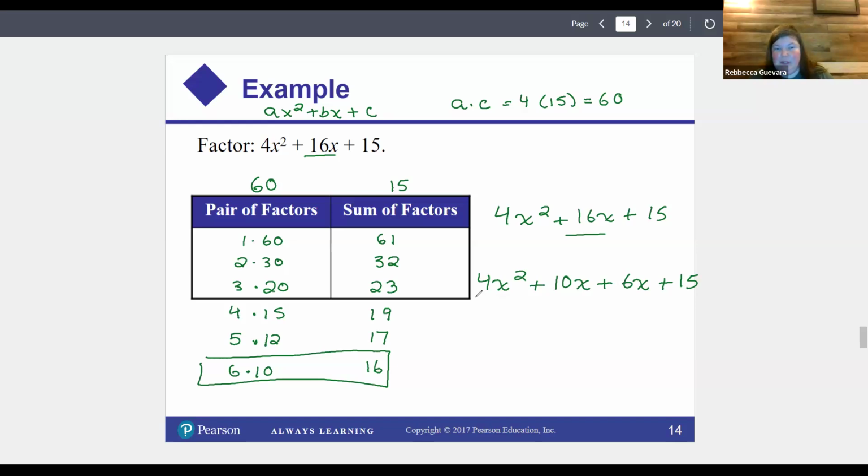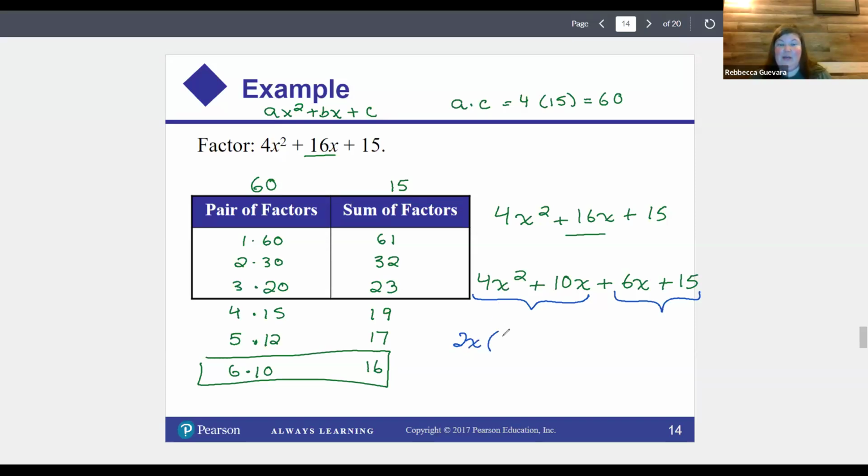Then, like I said, we're going to do this factor by grouping. What that means is if we have 4 terms like this, or an even number of terms, we pair them up. So we're going to put these two together, and then we're going to factor out the greatest common factor. In this case, both of these are divisible by 2 and x. It's my greatest common factor.